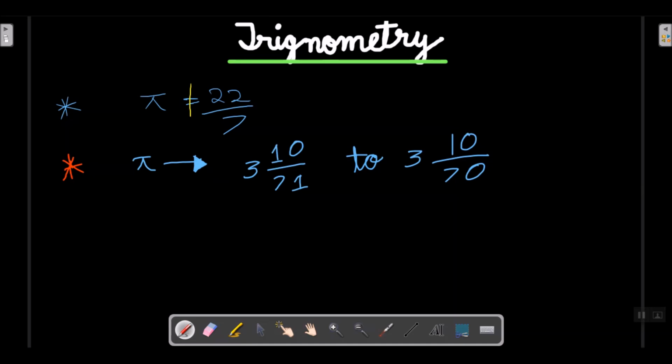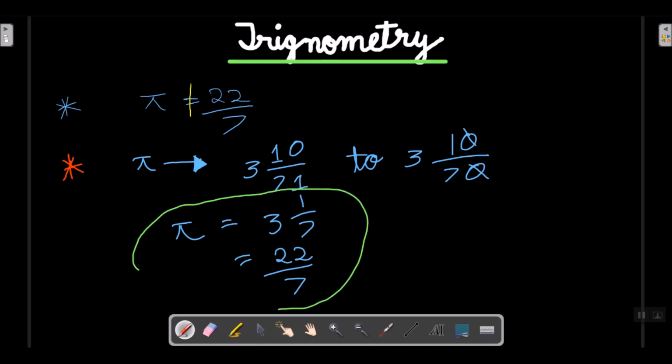As we are humans, we do the things that are most easy. So we took pi by cutting these zeros, so it will be 3 1 by 7. 7 threes are 21, 21 plus 1 is 22. So it is equal to 22 by 7. Your teacher told you this and skipped this fact.